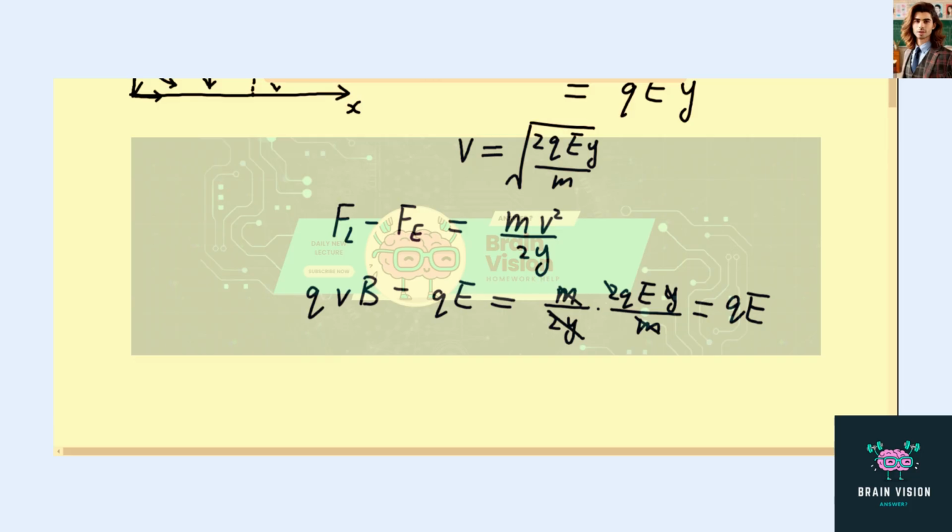So from this equation we get vB equals 2E. So v equals 2E over B.